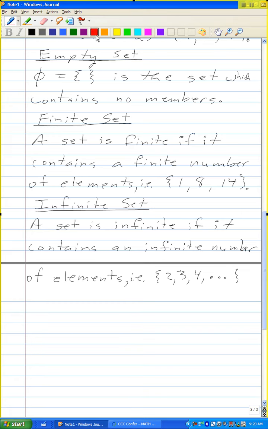These are called ellipses, and this means continue with the same pattern.